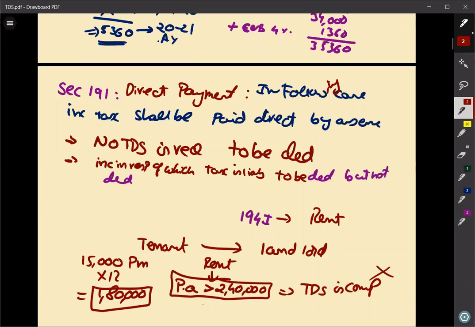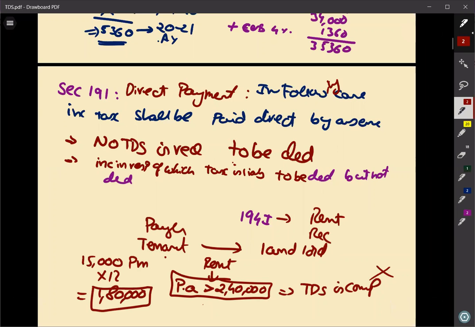Ultimately, the tenant is the payer and the owner is the recipient. So the tenant need not deduct the TDS in this particular circumstance. No TDS is required to be deducted, so the tenant has not deducted the TDS.